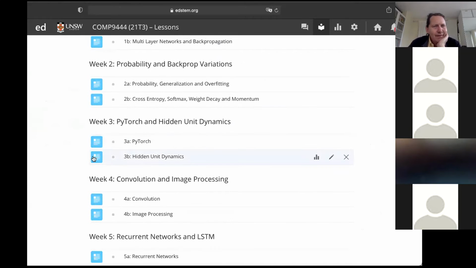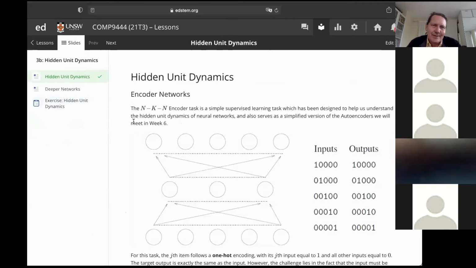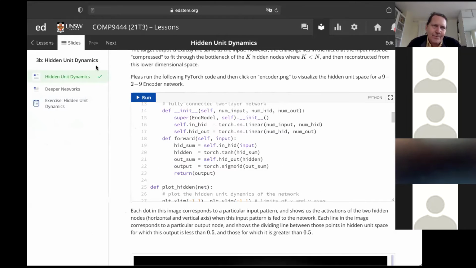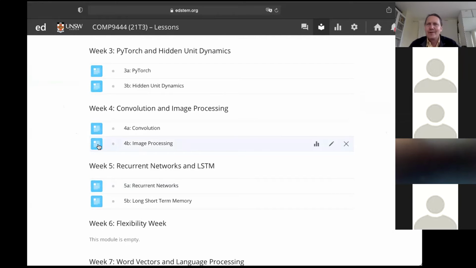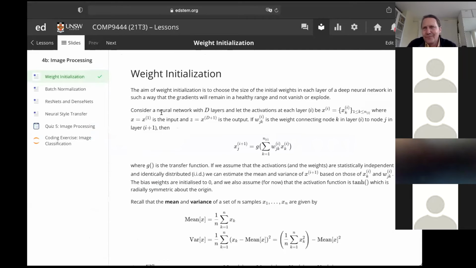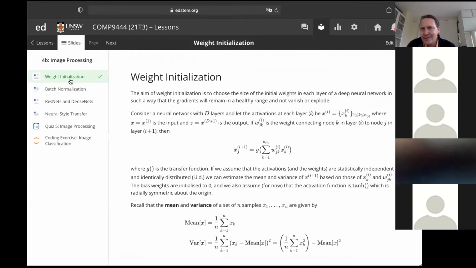When we get to week 3, we'll talk about the limitations of 2-layer networks and 3-layer networks. And then week 4, we've described week 4B as image processing, but if you have a look, we've got the convolutional networks, and a lot of what's going on with this image processing is special tricks to be able to train deeper networks, like weight initialization and batch normalization and that sort of thing.